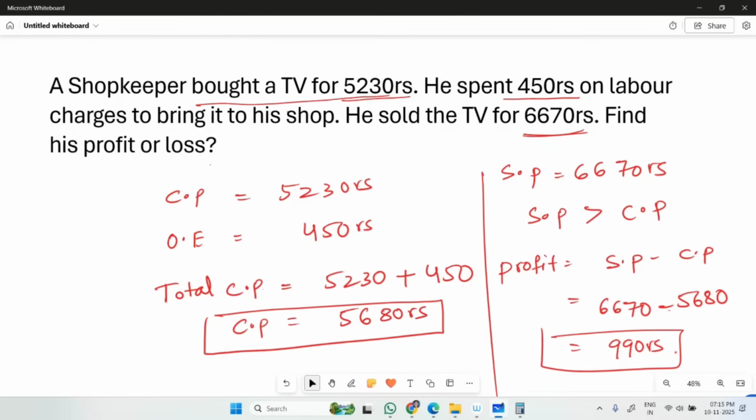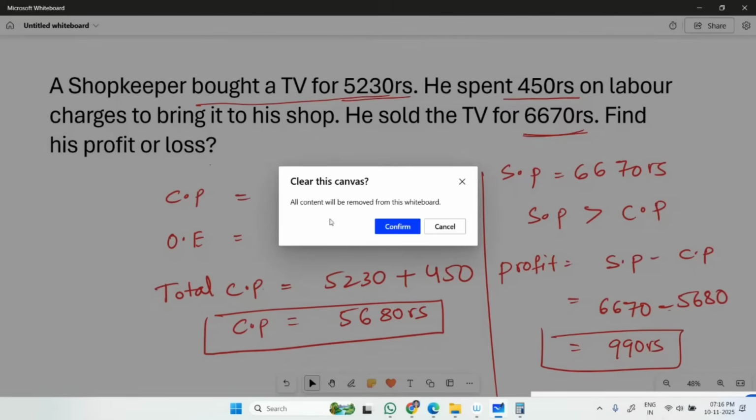Now, what if we have to find out profit percentage, loss percentage? Let's see. Before finding out profit percentage, loss percentage, let's learn some important formulas. Suppose in case of loss, to find out loss, we subtract cost price minus selling price.